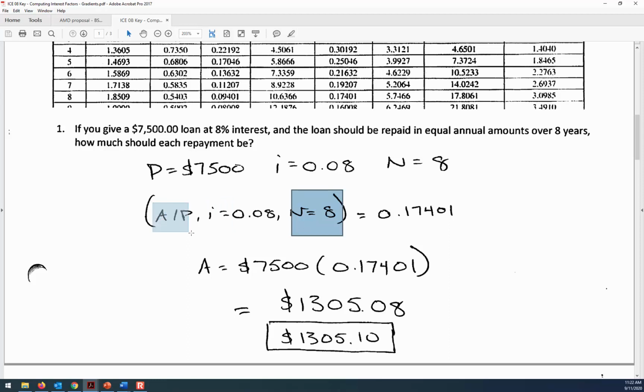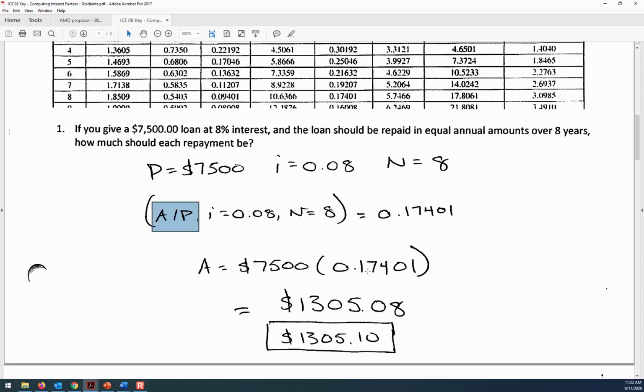And of course, this is a find A given P type problem. Now, going this step-by-step route and not just writing the answer on the paper, making it sequential, allows the grader, whoever it is, to give you more points if you end up in a partial credit situation.